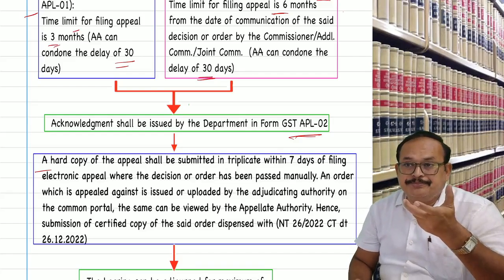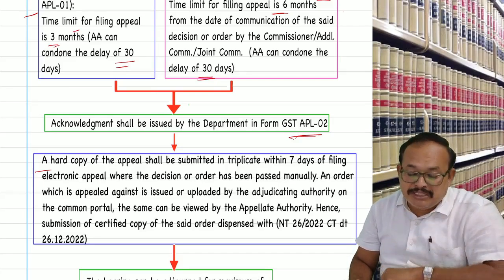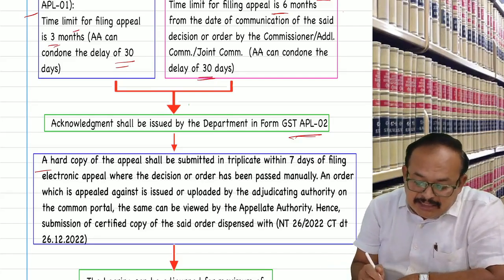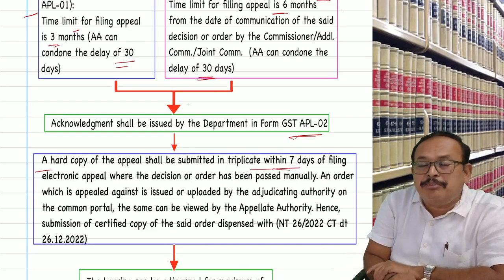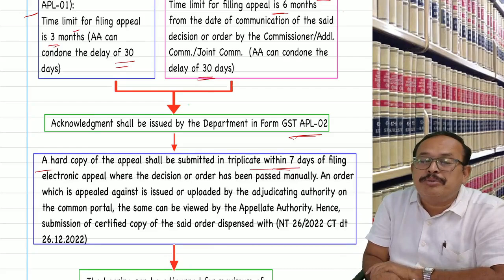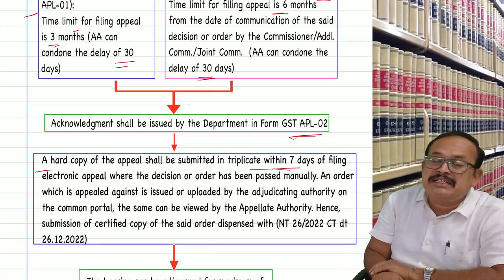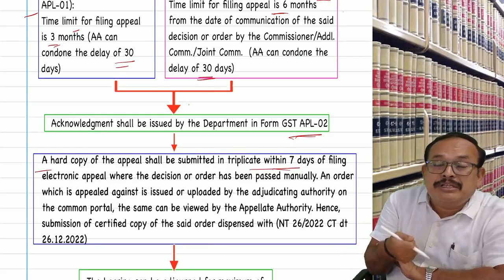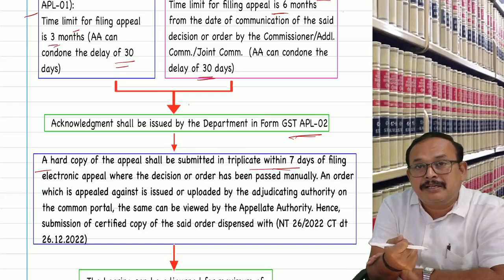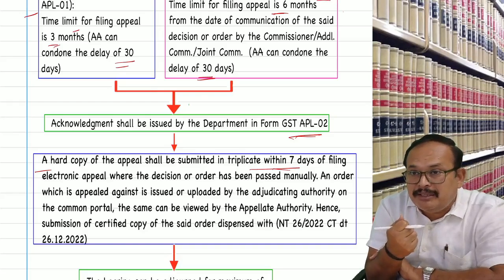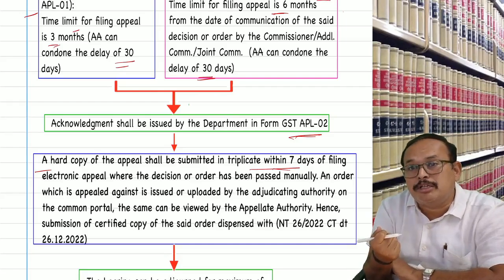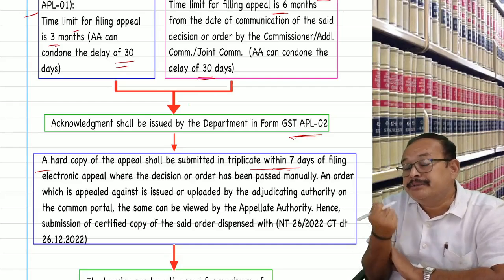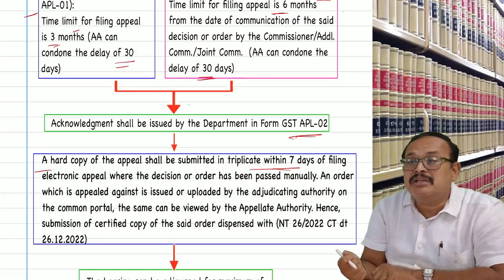The hard copy is required to be submitted within the time period specified: within 7 days of filing the appeal electronically. From the date the soft copy is uploaded, within 7 days you have to file the hard copy also in the office of the Joint Commissioner Appeals or Commissioner Appeals.